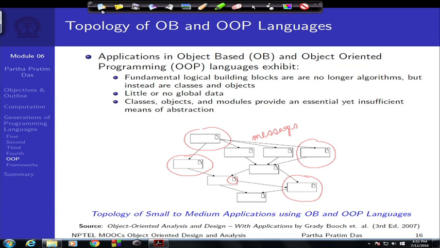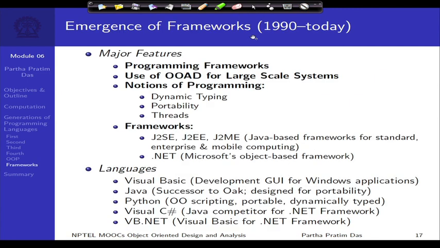So, client objects send messages to server objects, to other objects who will provide that service, who have that kind of an interface, and the server object will perform that operation and send back a response. It is kind of the typical topology that turned out for this generation of languages.